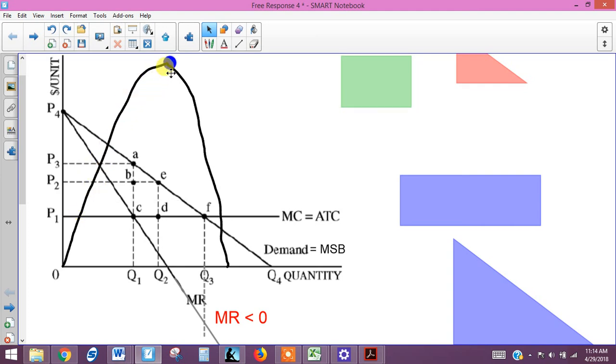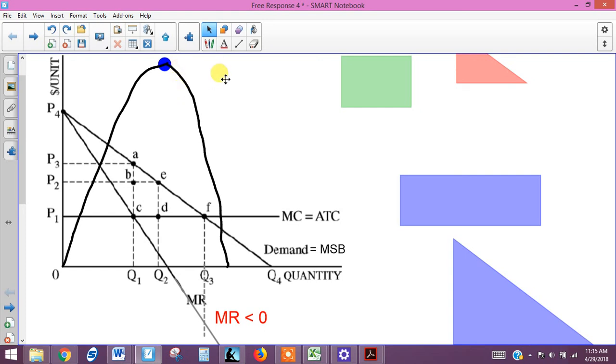In this point right here, where the slope of the total revenue is 0, it's not changing at all. That is unit elastic, where the percentage change in quantity equals the percentage change in price.